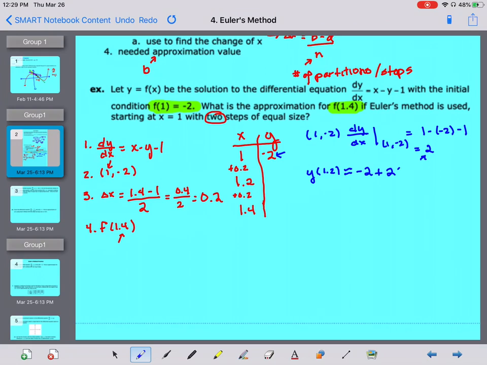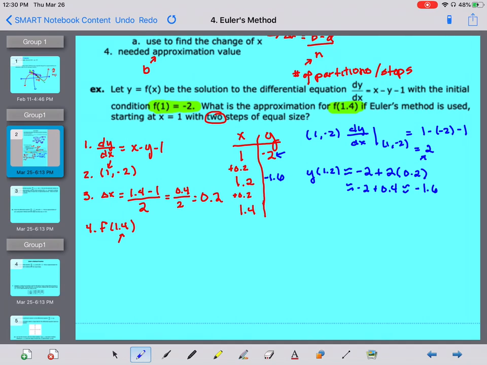That's our slope, and our x minus x1, or our change of x, which we calculated to be 0.2. After that, I'm just going to calculate what this is. So -2 plus 0.4, which gives us -1.6, which means that when x is 1.2, our y value is approximately -1.6.